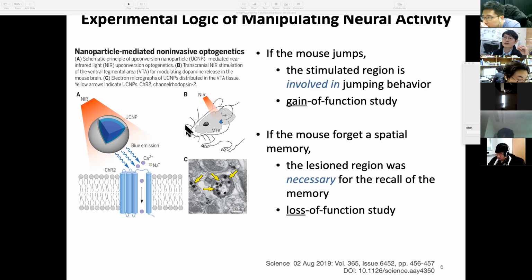So a clever technique here is the UCNP, called up-converting nanoparticle, which takes near-infrared light and converts it into half the wavelength, so it becomes blue. Some channelrhodopsins require blue light, so near-infrared can go deep inside the brain and excite the up-converting nanoparticles. They generate blue light, and that will excite a specific neuron of our interest deep inside. So it's cool, and this is why it's in Science.